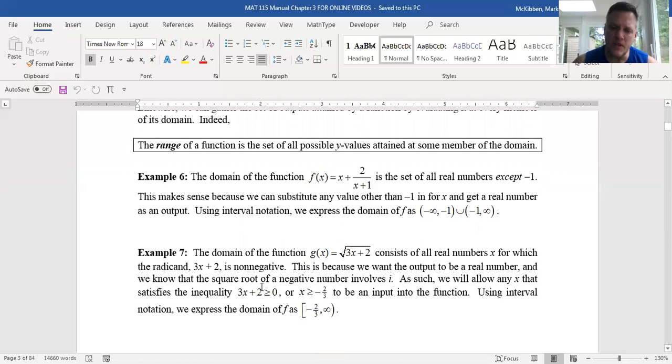So I had to solve this linear inequality, just subtract the 2 and divide by 3, to get what x values I could plug in here to ensure that I get a sensible real output. In this case, everything to the right of and including -2/3 is in the domain. And so I have this right ray that's closed on the left side as the domain.